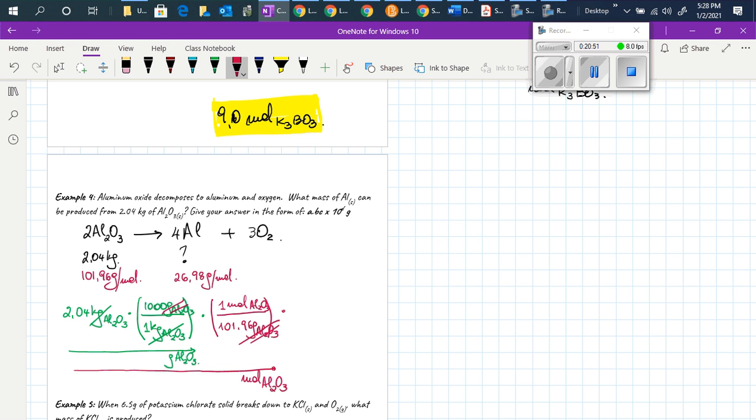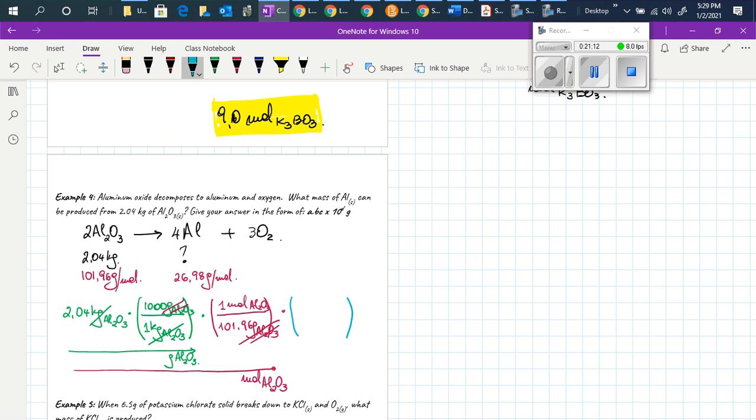So now we are done with the known, or the given. We have to move now to the unknown, or what they are asking for. In order to do so, we will use the molar ratio. So we have 1 to 4 or 4 to 2, it doesn't really matter.